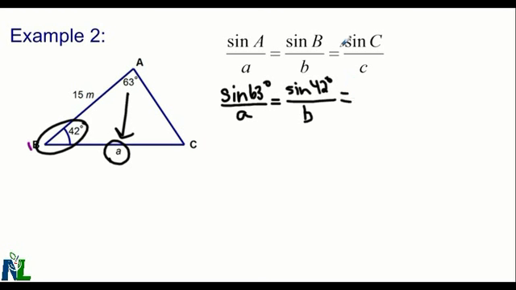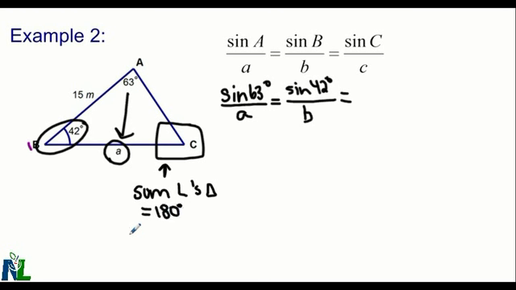Now I have the sine of angle C over C. So angle C is right here. Now, angle C is not written in here, but can we find the measure of angle C? We can, using the fact that the sum of all angles in a triangle equals 180 degrees.